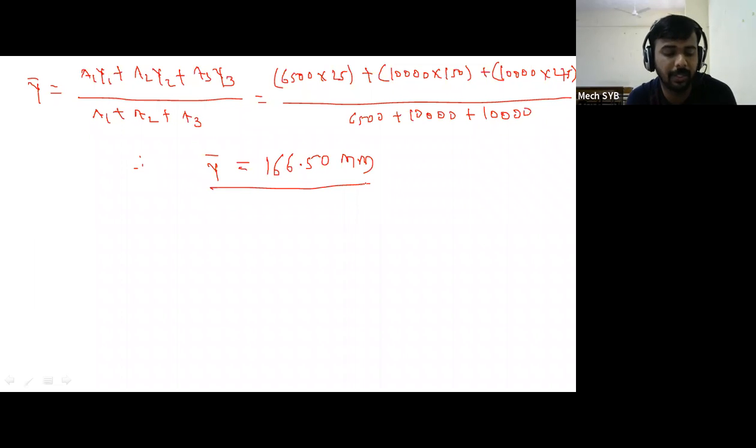So those who have calculated the Y bar by using the formula, do that calculation and send me the answers in the chat box. 166.50 mm. Send it. .50 mm and represent that distance on the figure.